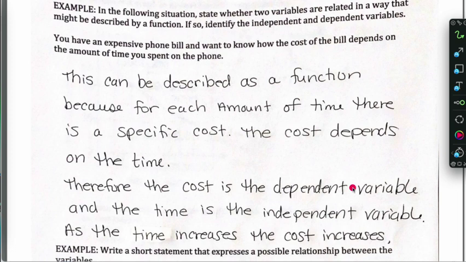And then we can also describe it, right, as the time increases that you spend on the phone, of course, your bill is going to go up, so your cost increases. So we can also describe the relationship between those two variables as well. As one increases, the other one increases. Now I could also describe it as time decreases, the cost decreases. That would be another way to state it.